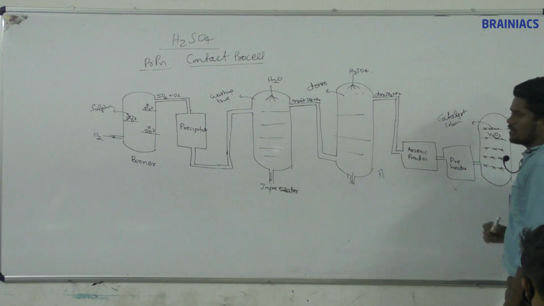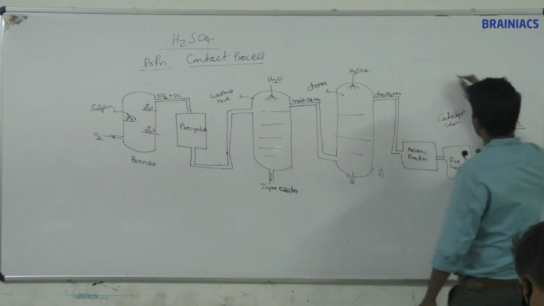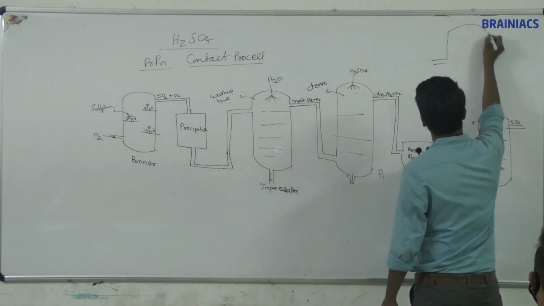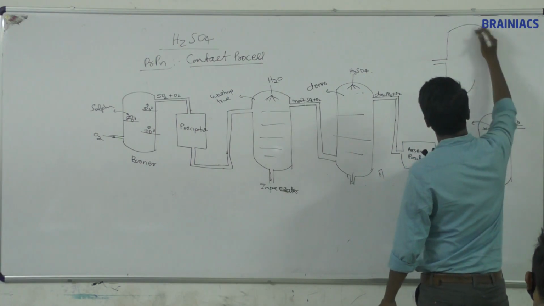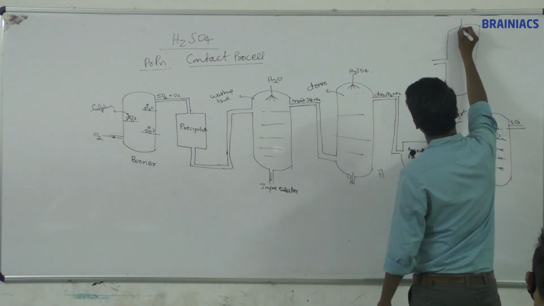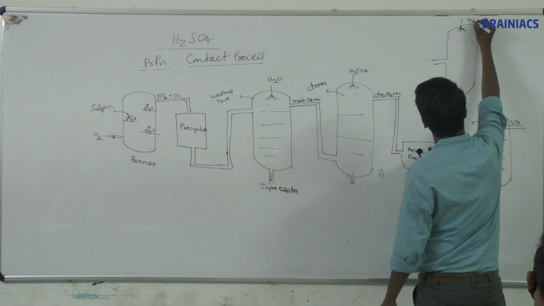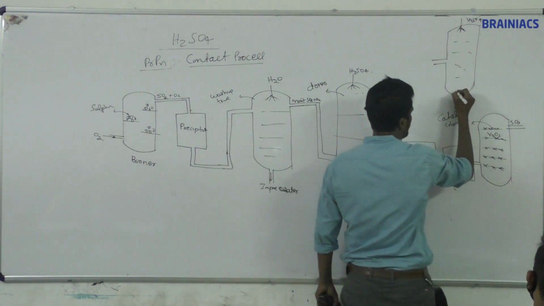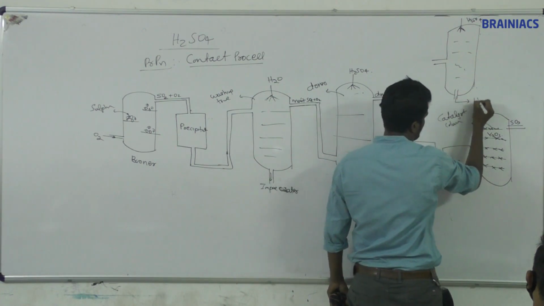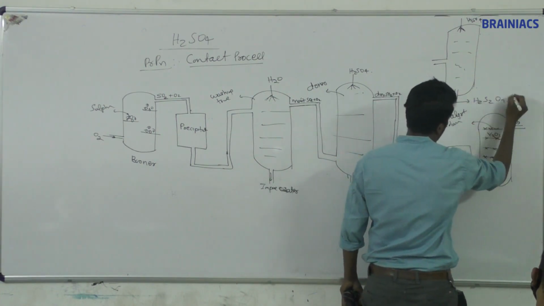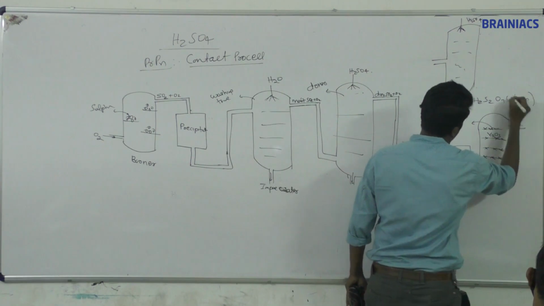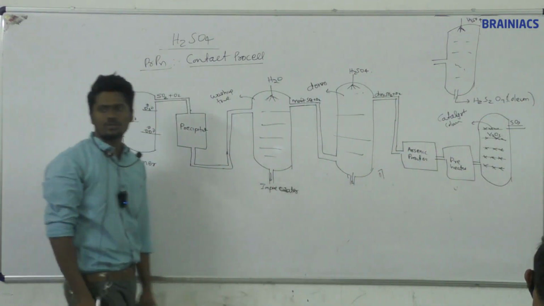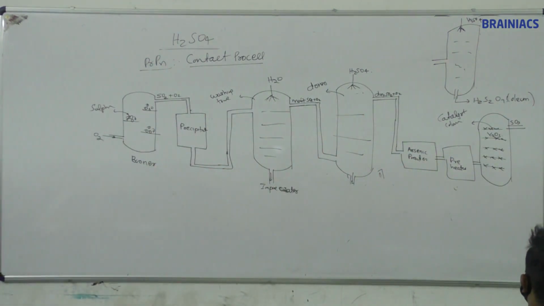So SO3 comes out, and SO3 next goes into the absorption tower, which contains H2SO4. Here you will get H2S2O7, that is oleum. Oleum on hydrolysis gives the corresponding desired concentration of H2SO4.